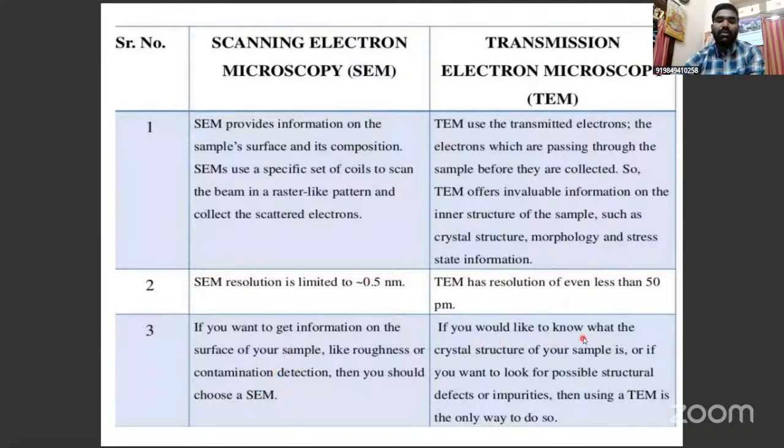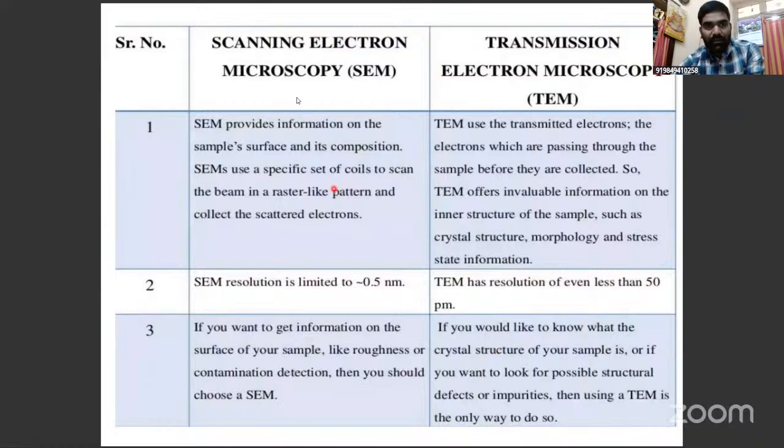If you would like to know the crystal structure of your sample, or if you want to look for possible structural defects or impurities, then using a TEM is the only way to do so. You can use the transmission electron microscope to study the internal structure of any sample, because it ejects electrons that are transmitted through the sample.